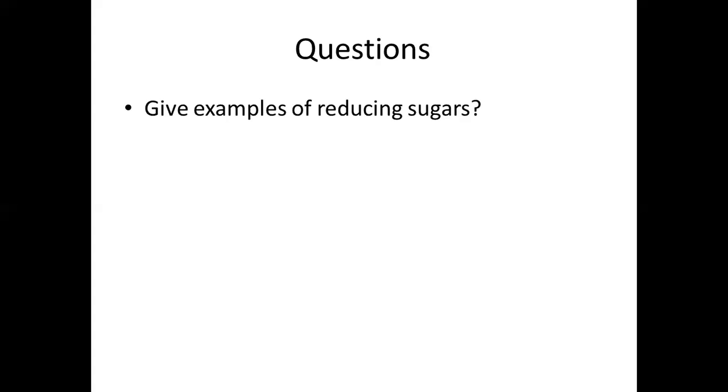We have disaccharides such as maltose and lactose, which are reducing sugars. However, as we are going to learn further, sucrose is actually a non-reducing sugar, and we're going to learn what makes it so.